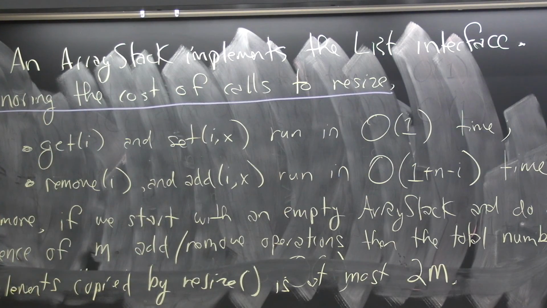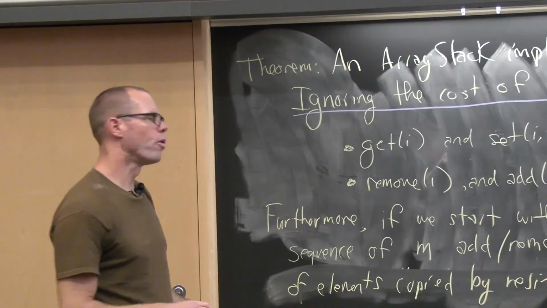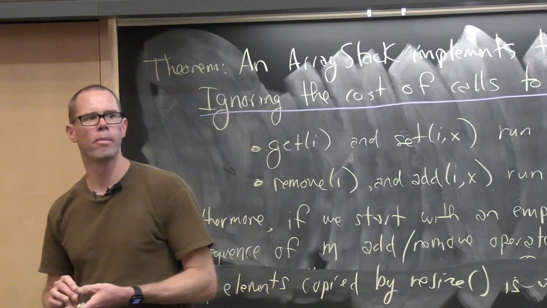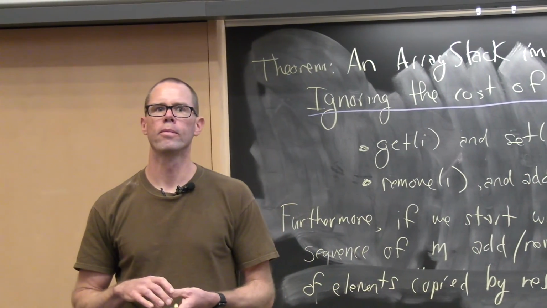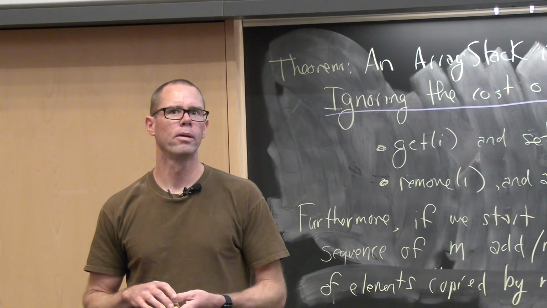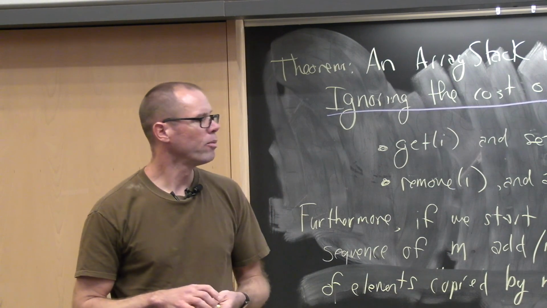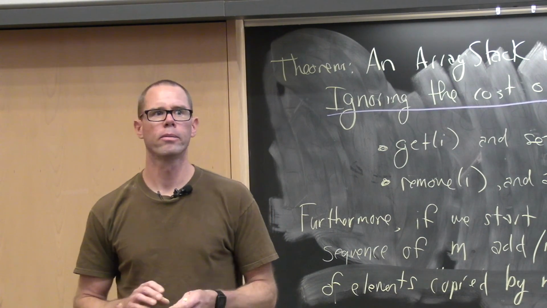And that's all resize really does is copy elements. That's the only expensive thing. So that means that the total time spent in resizing is only a constant times m, so O of m. Okay? So it works out perfectly.